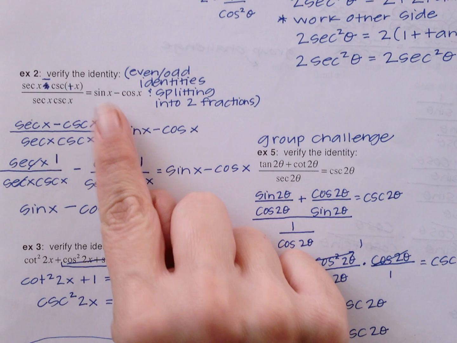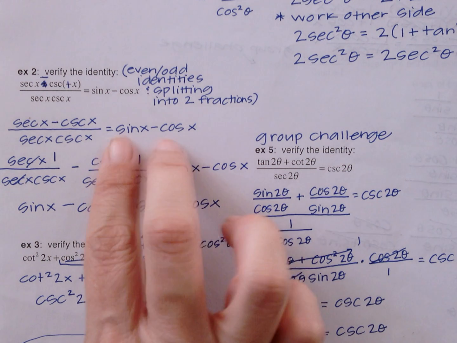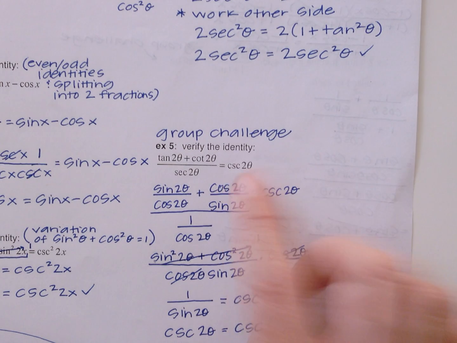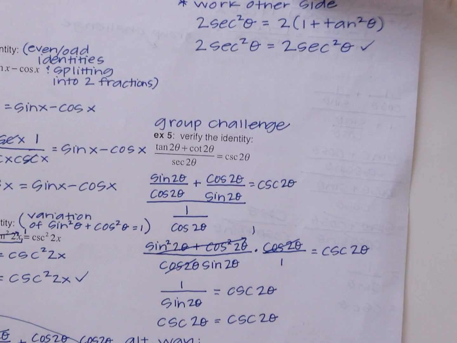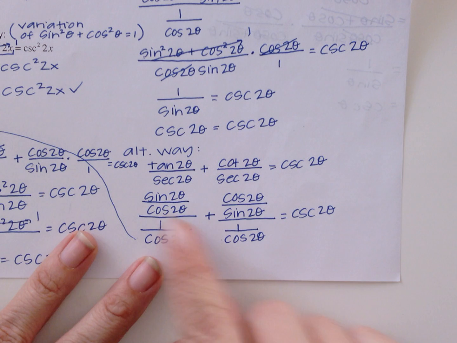How many terms do you have here? You have 2. So splitting it into 2 fractions will be more beneficial because you're already splitting it up into the 2 terms that the right side has. So over here it only has one side, so that initial approach is probably the quicker approach, but again, journey not destination.